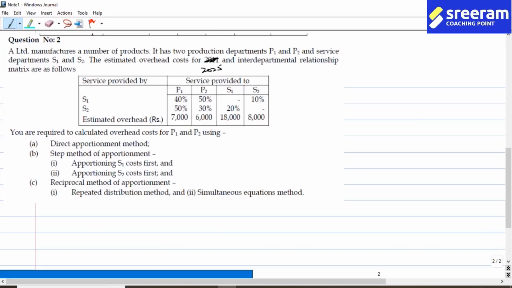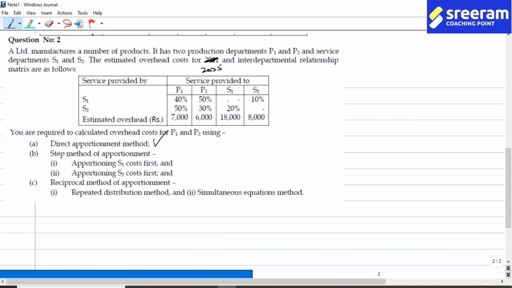Estimated overheads are 7,000, 6,000, 18,000, and 8,000. You are required to calculate the overhead cost for P1 and P2 using the direct apportionment method, step method, and the reciprocal method. Under that, repeated distribution and simultaneous equation.